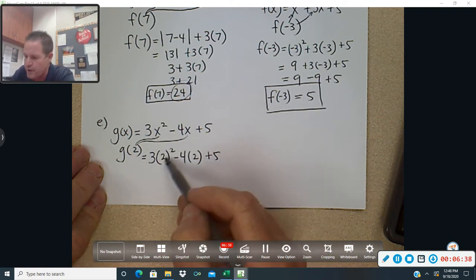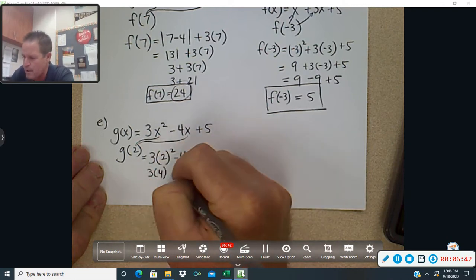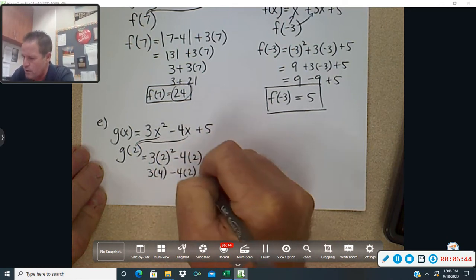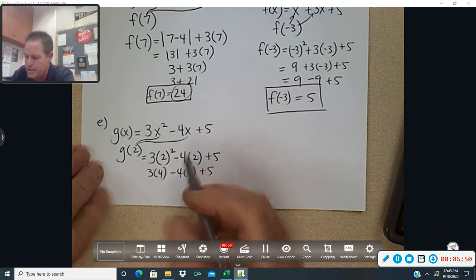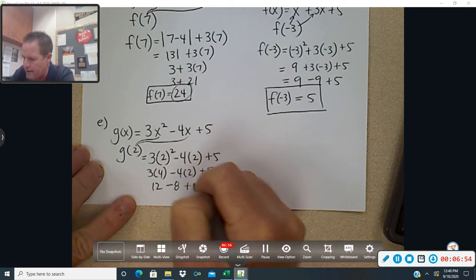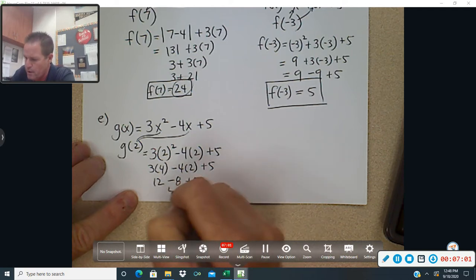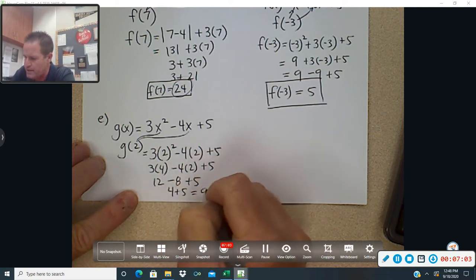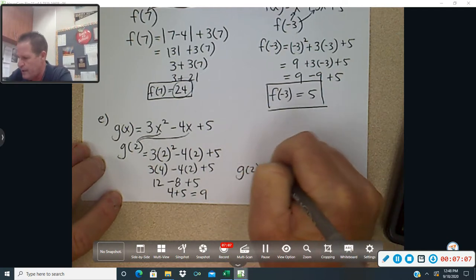So what I would do first is 2 squared, which is 4. So we have 3 times 4 minus 4 times 2 plus 5. So we did our exponents. Now we look for multiplying and dividing. 3 times 4 is 12. Negative 4 times 2 is negative 8 plus 5. So 12 minus 8 is 4. 4 plus 5 is 9. So the answer for g of 2 is 9.